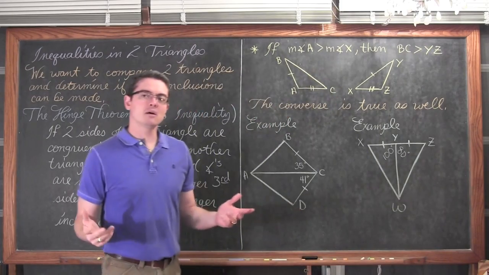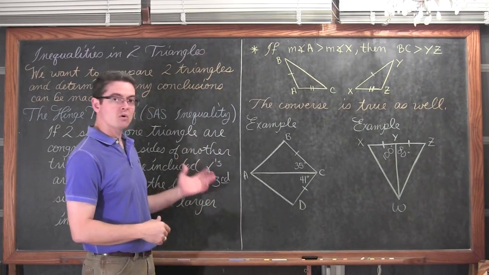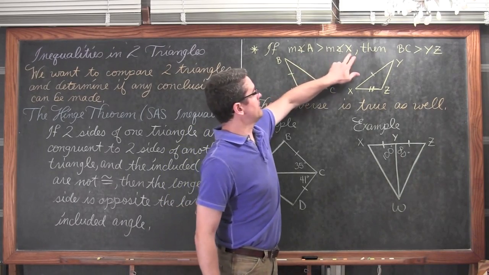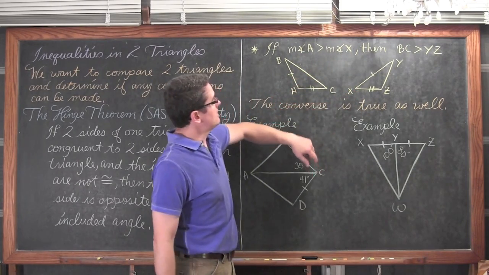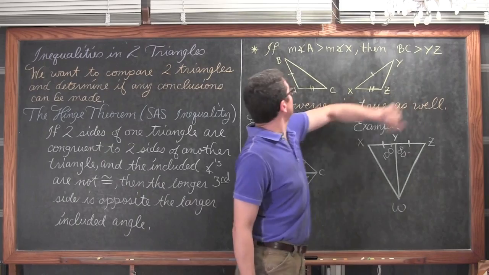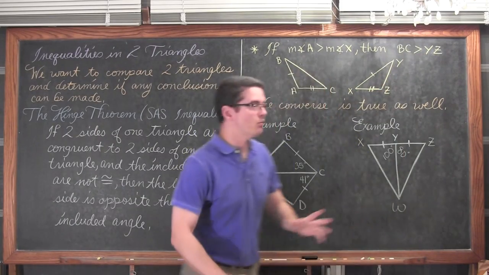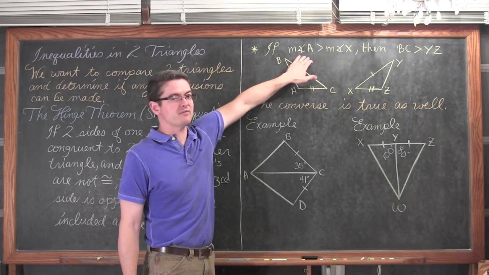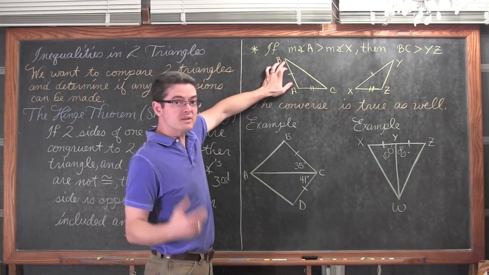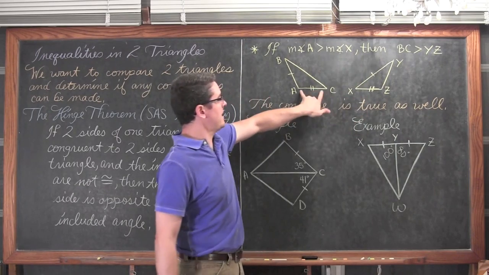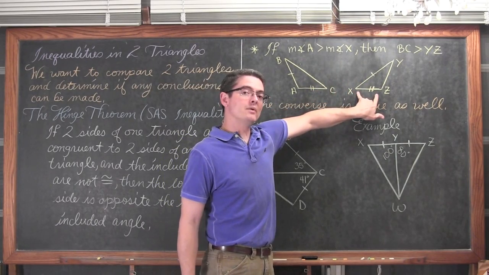What that looks like, as opposed to just a bunch of words, is an actual picture: if the measure of angle A is greater than the measure of angle X, then the length of BC is greater than the length of YZ. What I did not include in the conditional part of my if-then statement is that I have these pairs of congruent sides, that BA is congruent to XY, that AC is congruent to XZ.